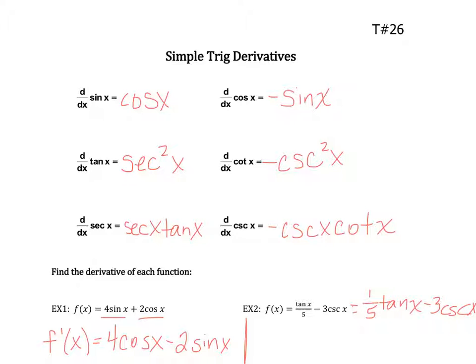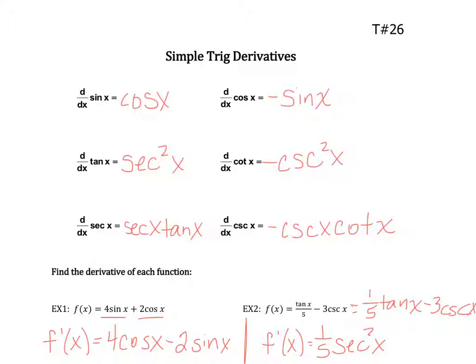And again, once you have the memorization, the derivative of tangent is secant squared. So I have 1/5, I should put f prime equals, I should label stuff, as should you. So I will go back and make sure I label. So f prime of x is 1/5 secant squared.